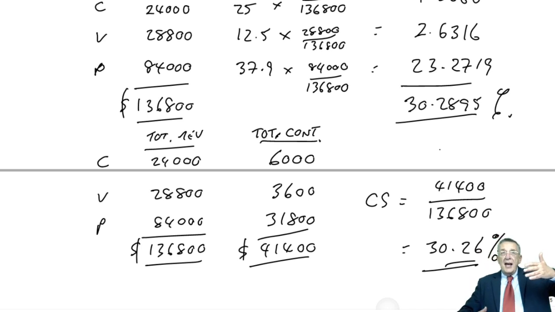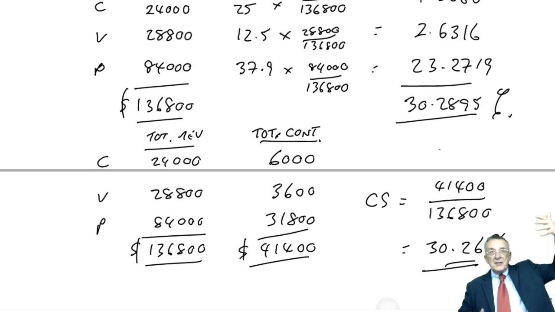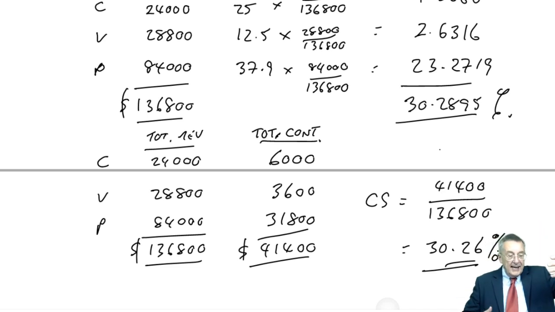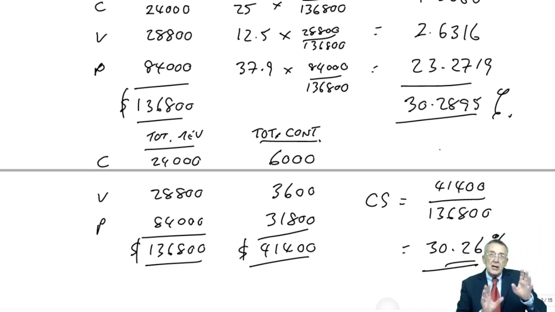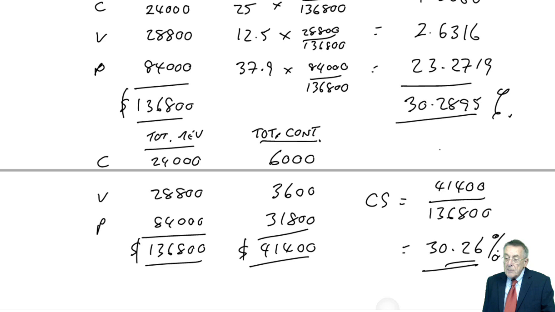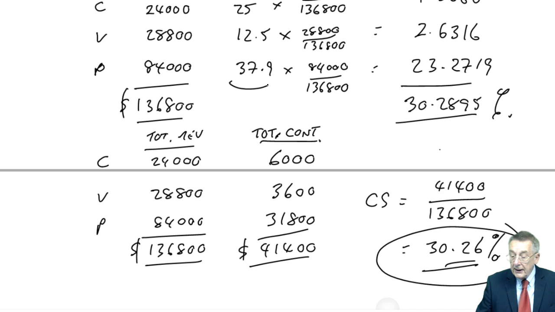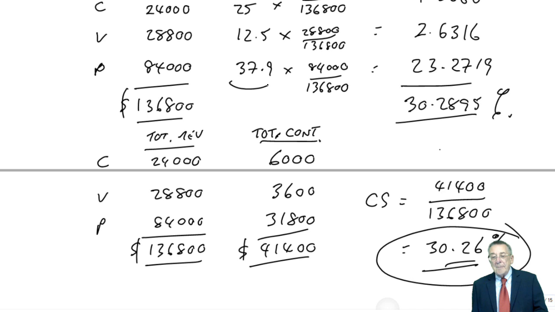But if we did sell more in total, but it was more C's and fewer P's and more V's or something, if the ratio of the sales changed, the CS ratio will change. So this 30.26%, and that's in fact the one I'll use because it is more precise, is only going to be valid provided we always sell in the same ratio, 4,800 of C, 4,800 of V and 12,000 of P. But again, it's twice as many, or half as many, of all of them.